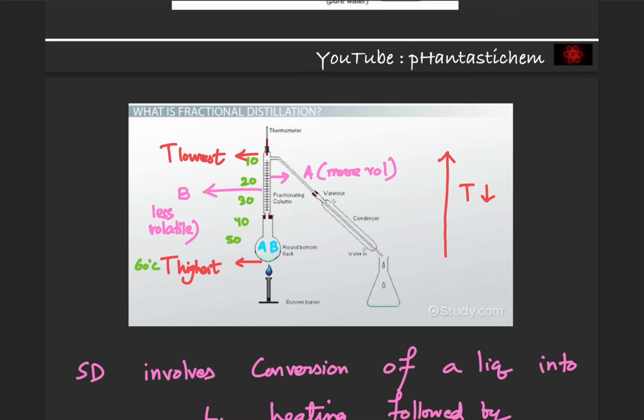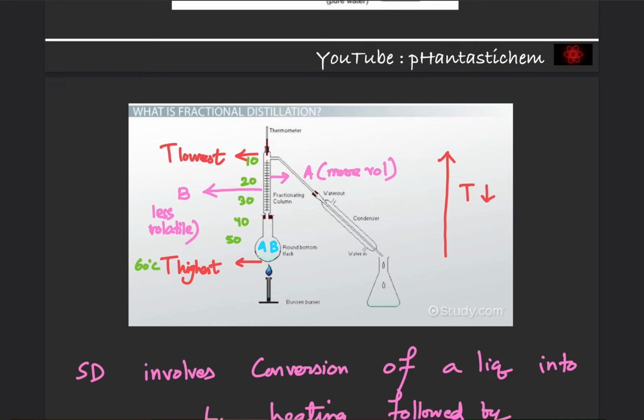Statement 2: the vapors rising up in the fractionating column become richer in the high boiling component of the mixture. It is false because, due to the temperature gradient, for liquids with low boiling point, that is A, to condense, they have to travel higher, since the temperature decreases from bottom to top of the fractionating column. Therefore, vapors rising up in the fractionating column become richer in the low boiling component, A, the more volatile component.